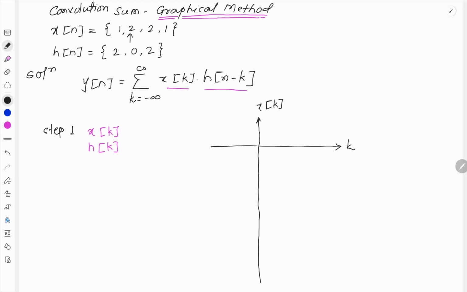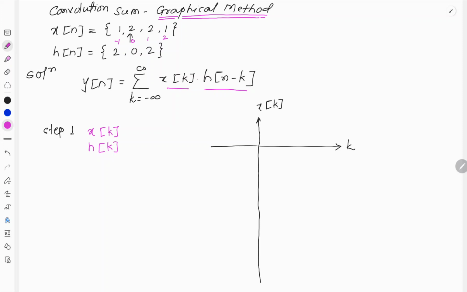Now if you look at the x of k signal, it has values 1, 2, 2 and 1. If you mark the indices, the arrow indicates the origin of the signal. So this is the origin, this is the index of the 2 element, and this 2 lies at origin. Towards the left, 1 lies at -1, this 2 lies at 1 and 1 lies at 2. So these are the indices for these respective elements.